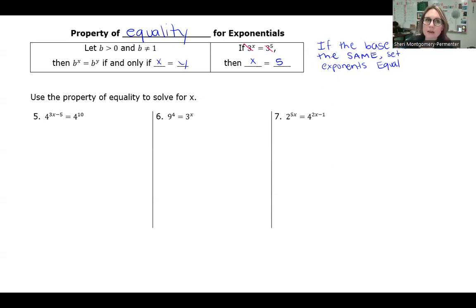So for question number 5, are the bases the same? Yeah, whenever the bases are the same, you can mark them out and you're left with the exponents.